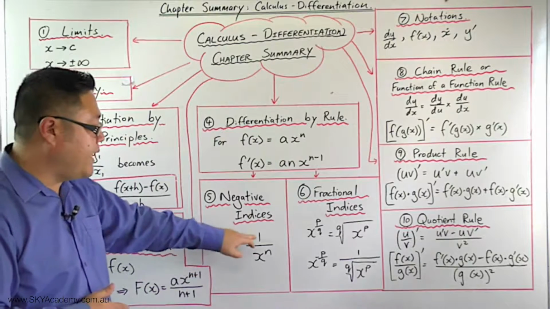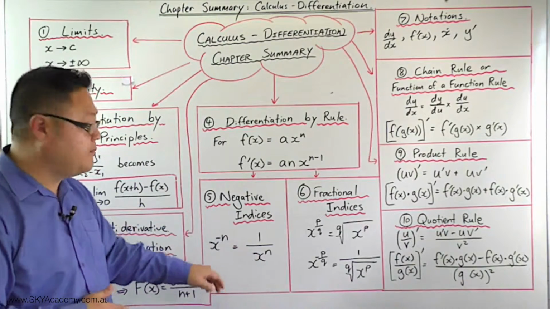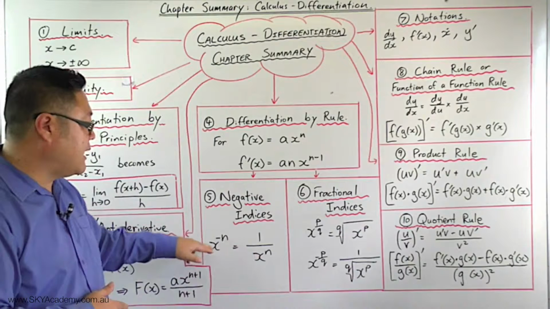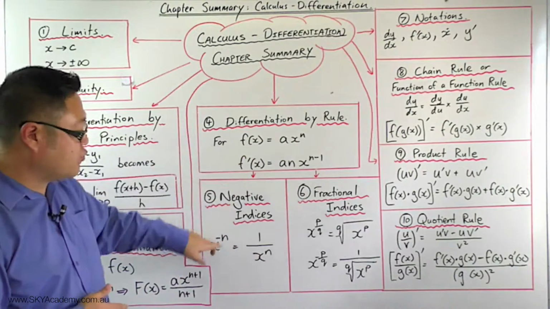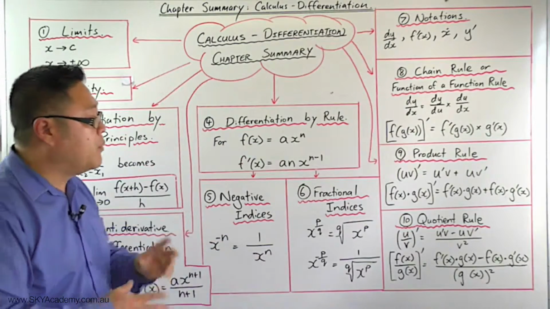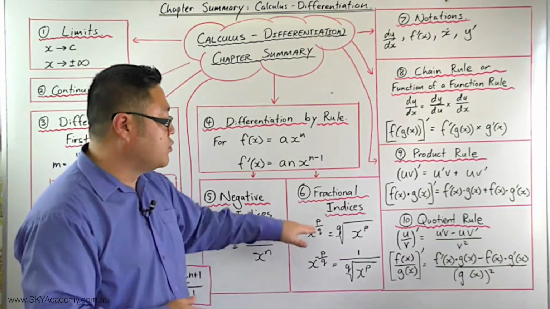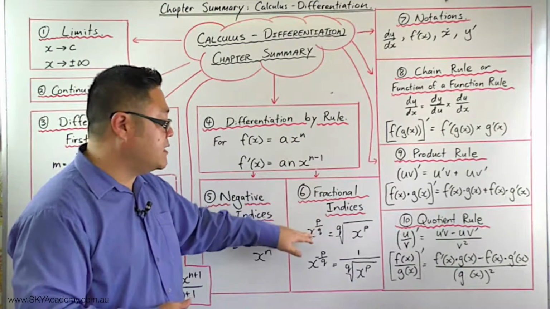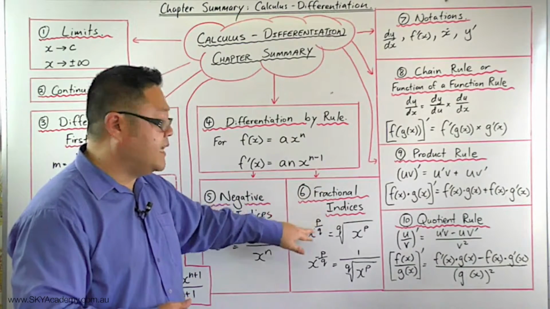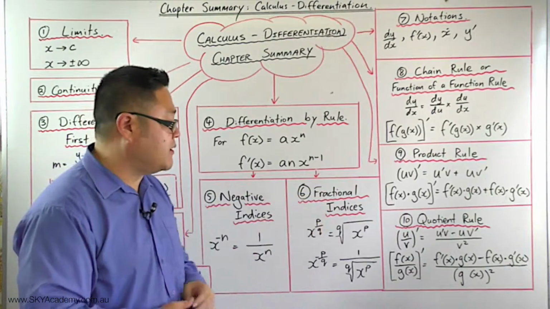So 1 over x to the power of n is basically the same as x to the power of negative n, and you can apply this rule to negative powers, but we also learned to apply this rule to fractional powers, in other words, indices where your index is a fraction.